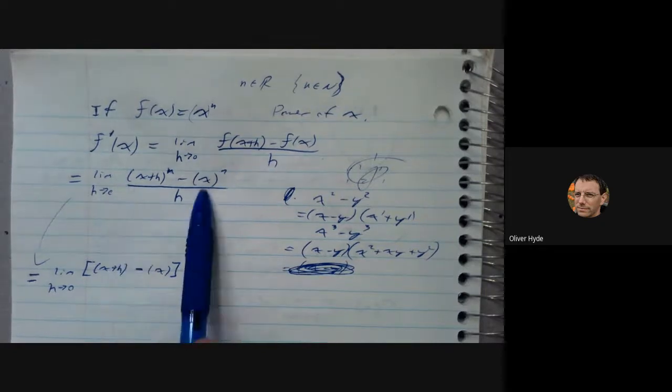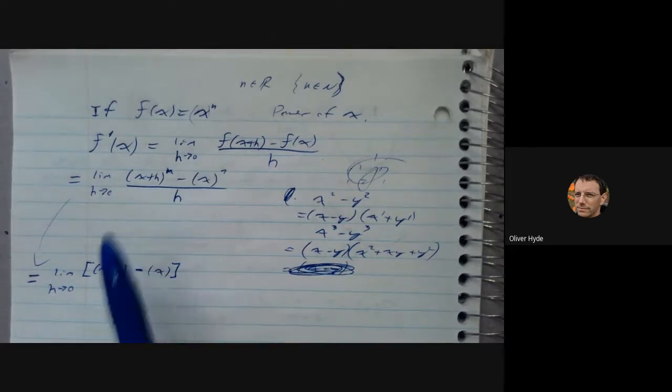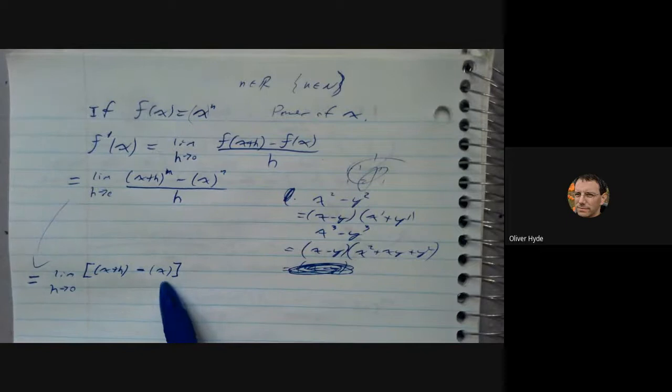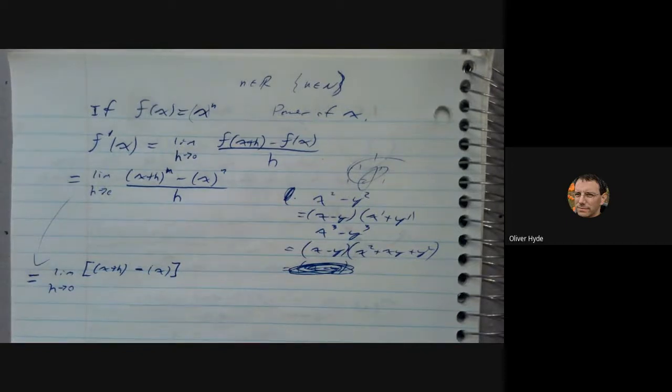And since the expression has a value of 0 for an input where x plus h is the same as x, that means it has a remainder of 0. And if it has a remainder of 0, that means x plus h minus x is a factor.